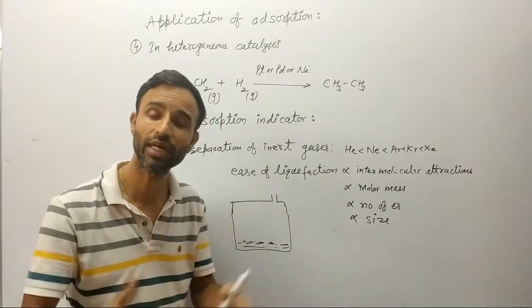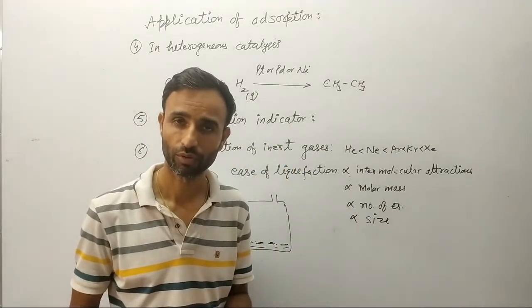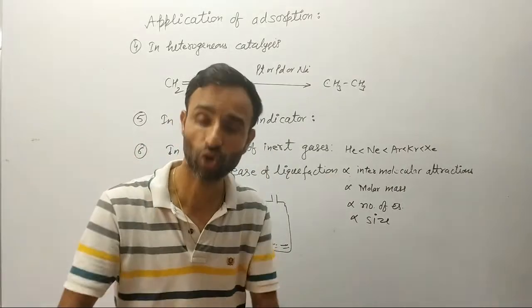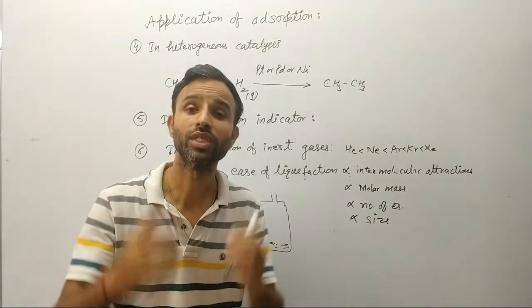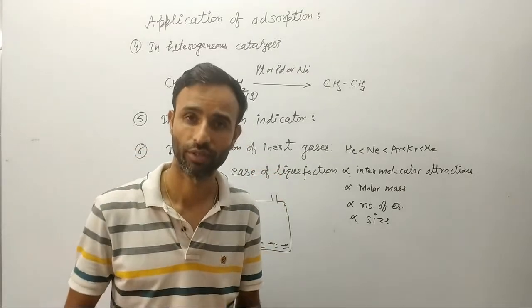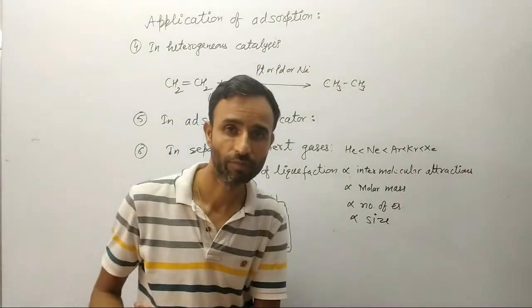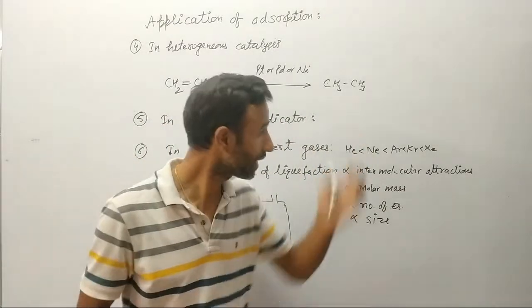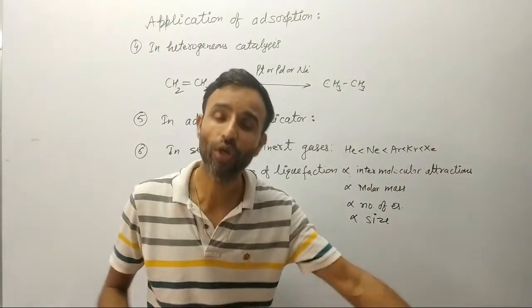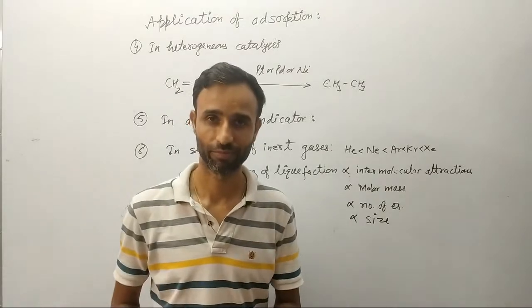So which gas comes out first? Obviously, the one which is least adsorbed. So helium comes out first, and then neon, then argon, then krypton, and at the end xenon. In this way we can separate them.